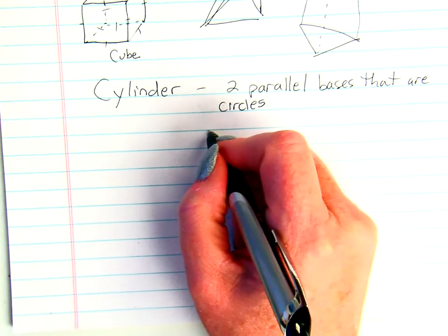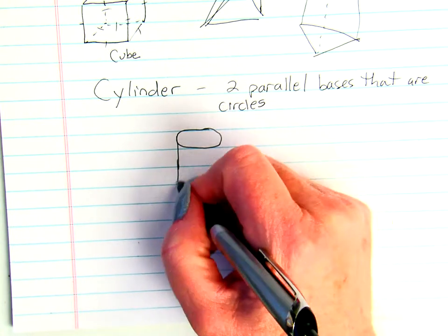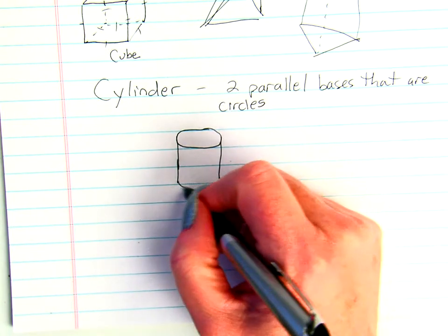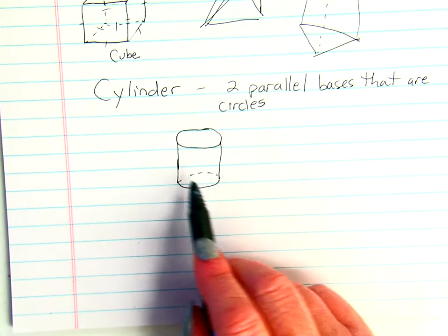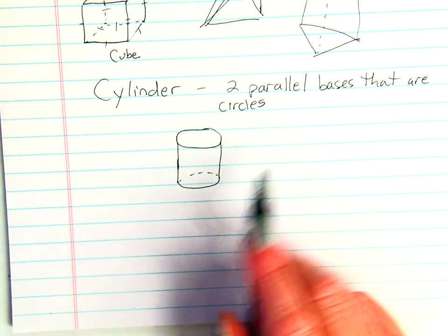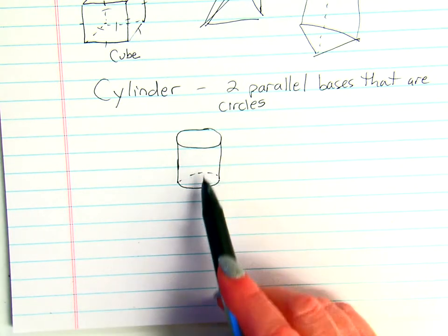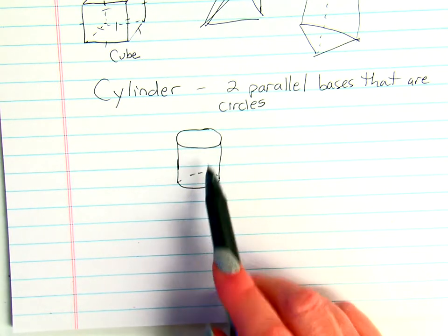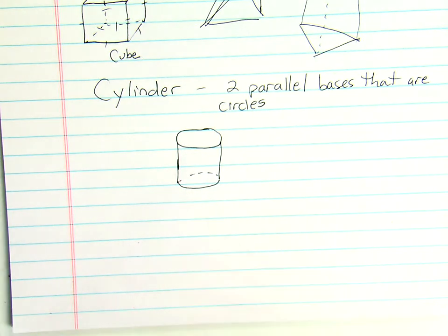So basically what we're looking at here is this type of a structure. So think soup can. But anyway, this is a cylinder. You have the two circular bases that are parallel and congruent.